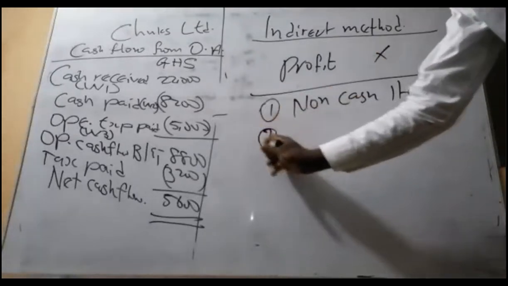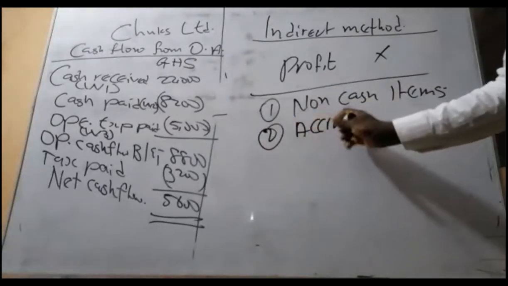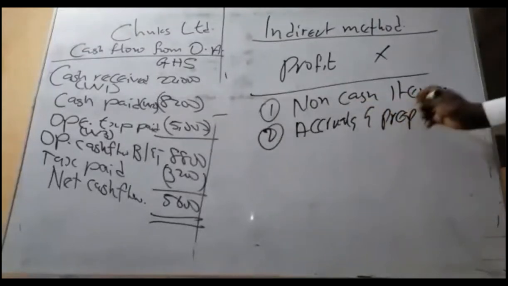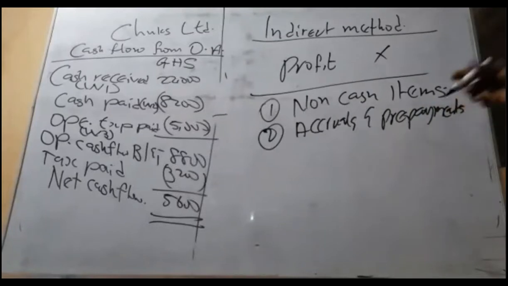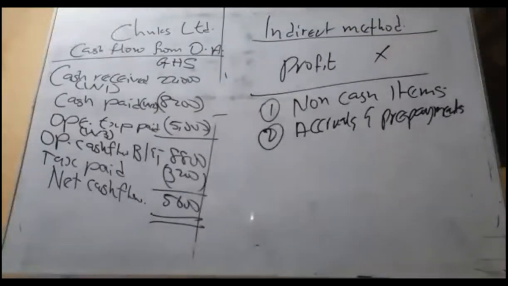Item number 2, accruals and prepayments. Accruals and what? Prepayments. Make sure to reverse or adjust the accruals and prepayments. Any expenses that they have not paid for, but they have subtracted from this profit, what do I do? Reverse it, add it back. That is it. Accruals and prepayments.